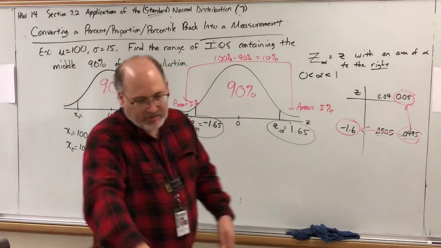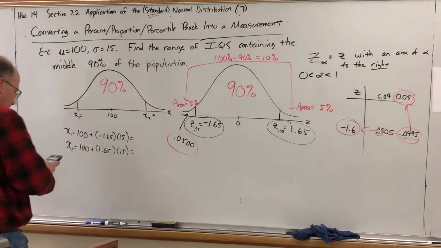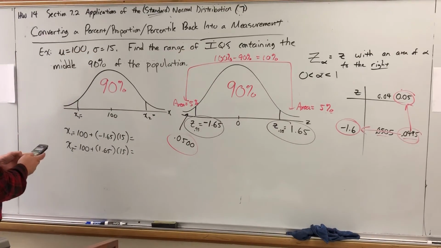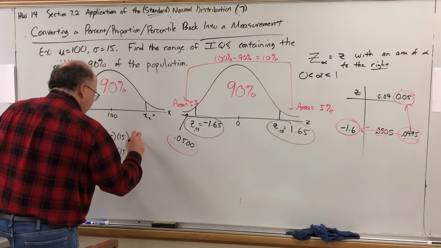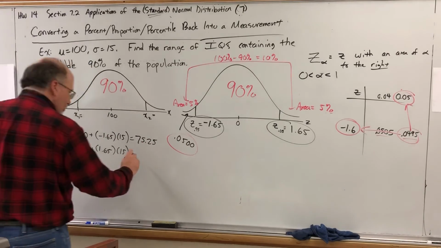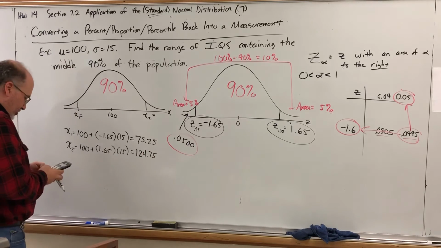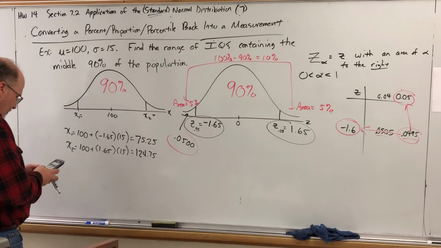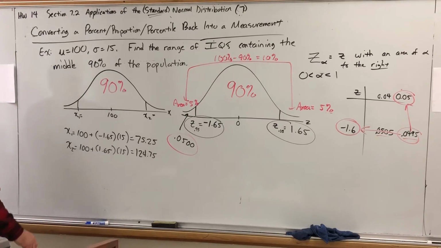So let's figure out what each of these is. 100 minus 1.65 times 15. 75.25 here, which means this one should be 124.75, but let me just double check it. Yes. All right, so what does this mean?